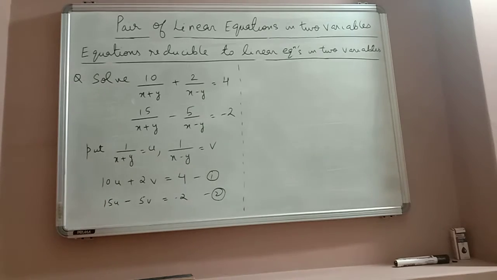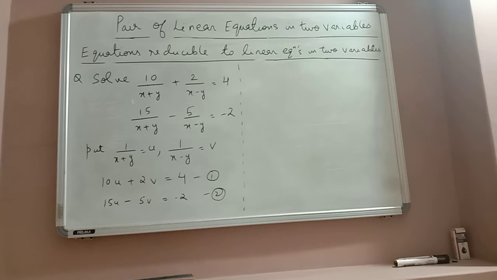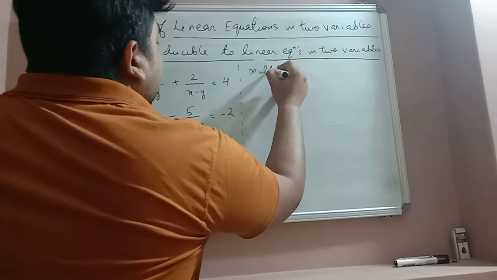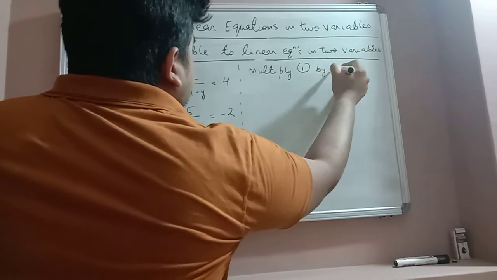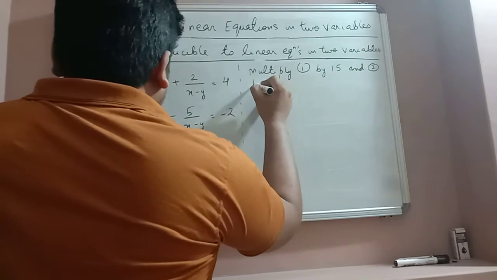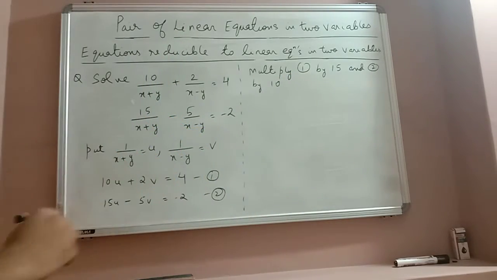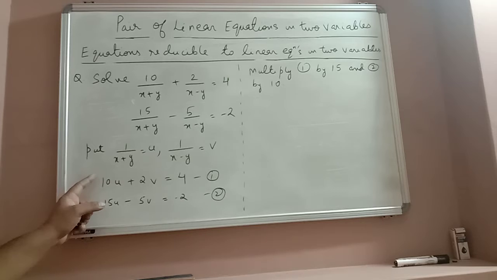Let's multiply the first equation by 15 and the second equation by 10. We are eliminating u by multiplying the first equation by 15, the coefficient of u in the second equation, and the second equation by 10, the coefficient of u in the first equation.